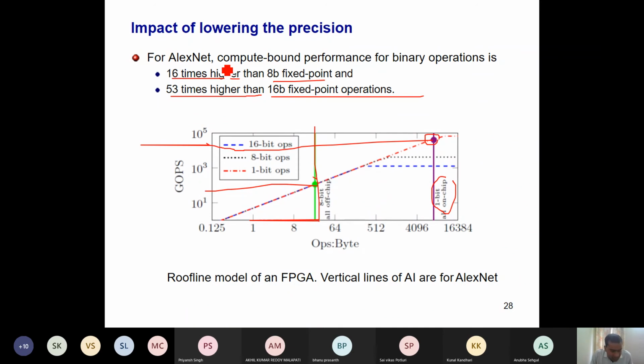Okay, any question on this figure? Any questions here? So here two things are happening. One is that the system, that means the hardware, our FPGA, has 3 different rooflines: one for 16-bit operation, one for 8-bit, one for 1-bit.